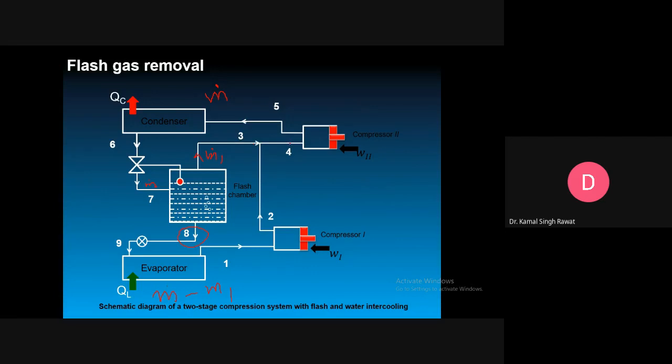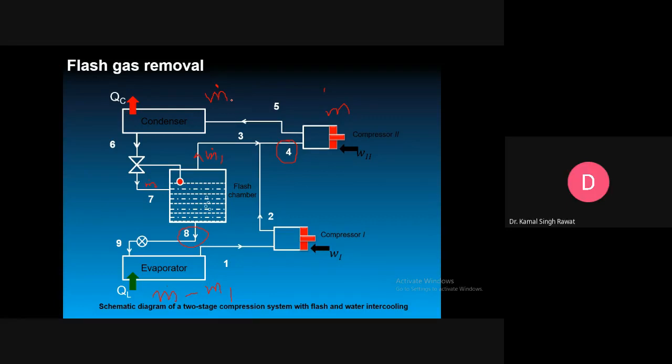So at 4 it will be m dot. Then compressor 2 deals with mass flow rate of m dot. Then the condenser also deals with mass flow rate of m dot. This point is clear?